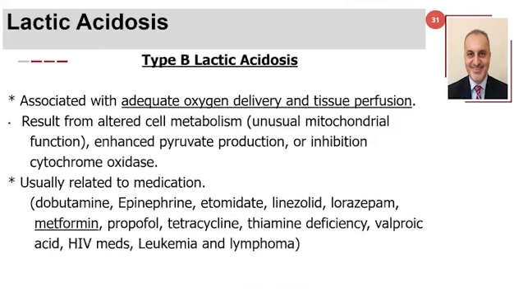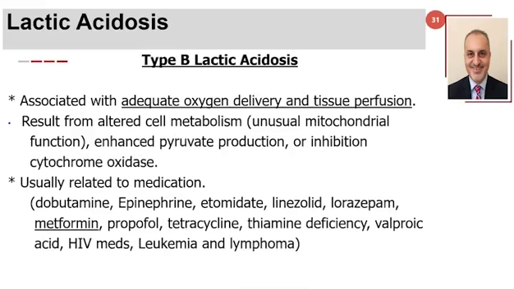It has nothing to do with perfusion, infection, or oxygenation, but most of these patients might have certain inadequate oxygen delivery as a result of certain genetic predisposition and abnormal metabolism in their body. Whenever they are exposed to certain medications, they usually have an accumulation of pyruvate and subsequently lactate.